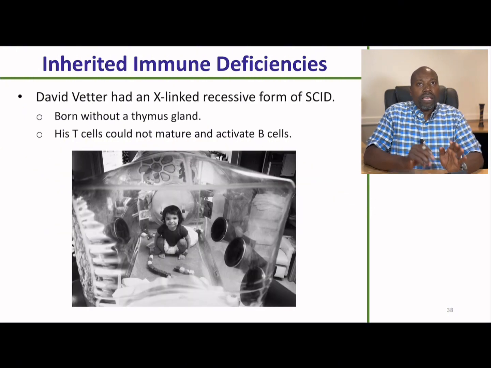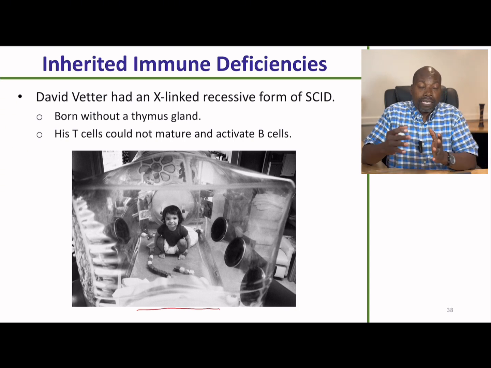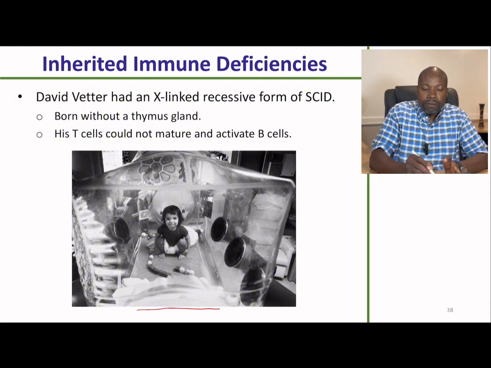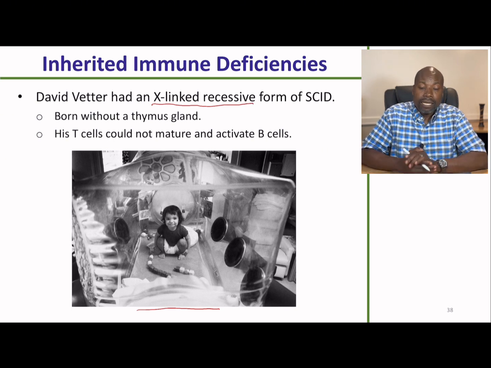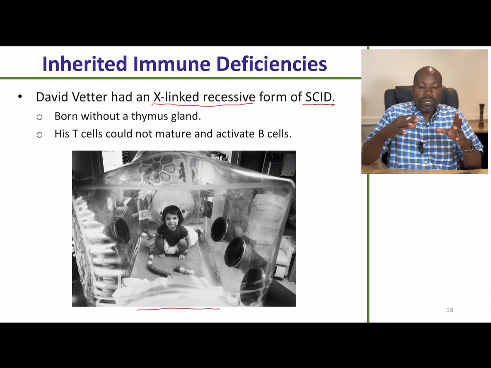So there are cases, as you can see, for instance, on this slide, this little boy was born with a defect, and that defect is associated with an X-linked recessive allele, right? That is causing this child to have SCID. So this child was forced to live in a bubble because he was born without a thymus.